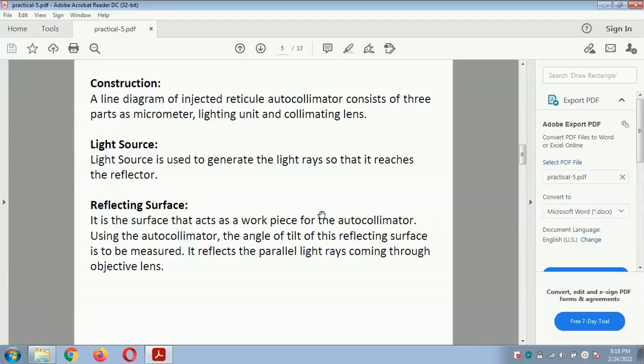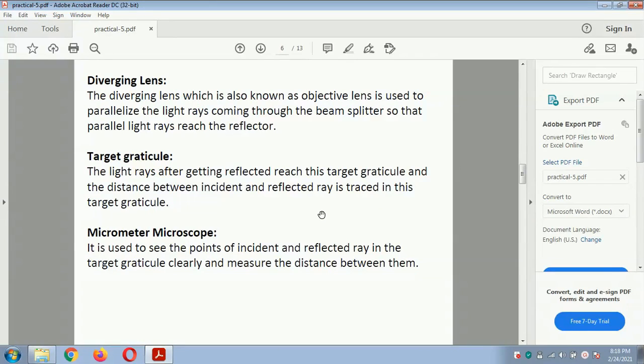The construction. A line diagram of an autocollimator consists of 3 parts, that is the micrometer, the lighting unit and the collimator lens. The light source is used to generate the light rays so that they reach the reflector. The reflecting surface is the surface that acts as the workpiece for the collimator. The collimating lens, also known as the objective lens, is used to parallelize the light rays.